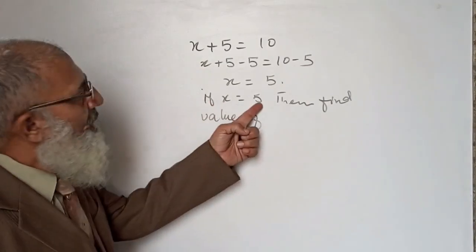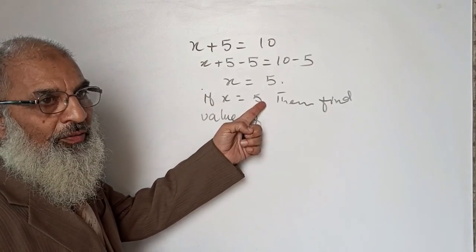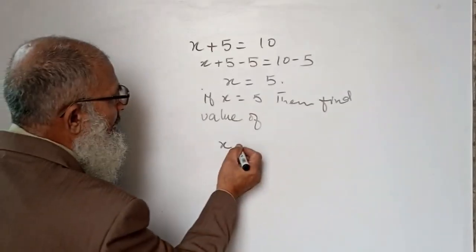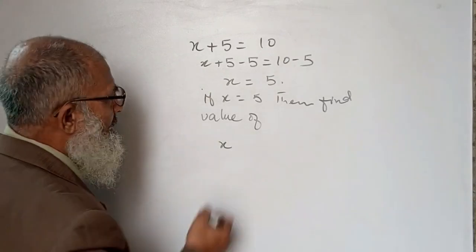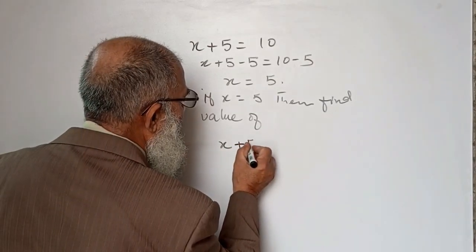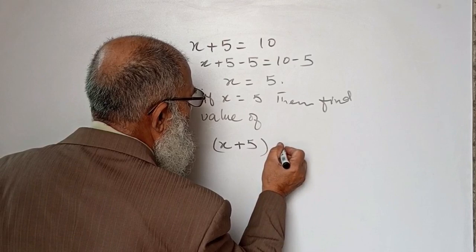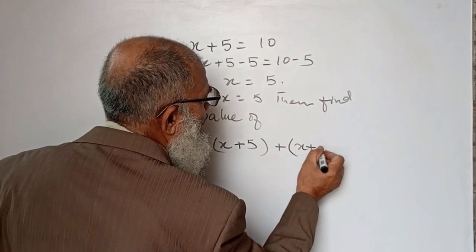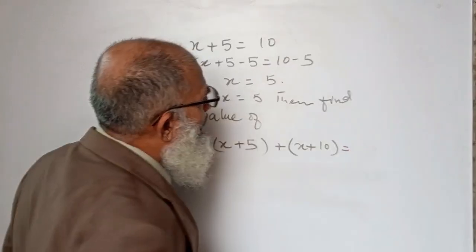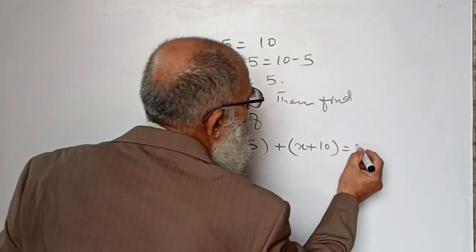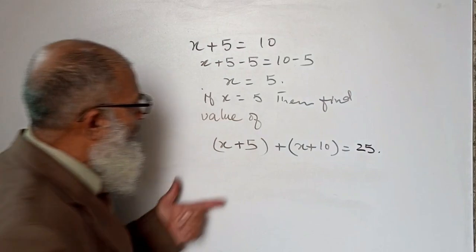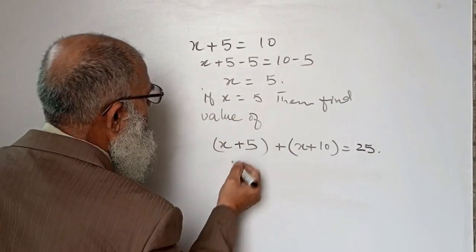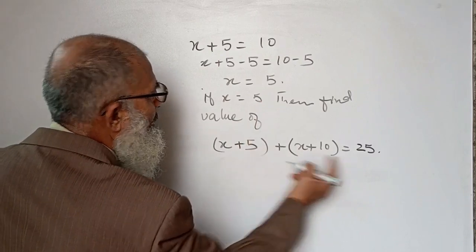Now we have to substitute 5 instead of x. So we write first the numbers, then x plus 10 is equal. Now this is our expression. Now we'll have to substitute the value of x at each place.